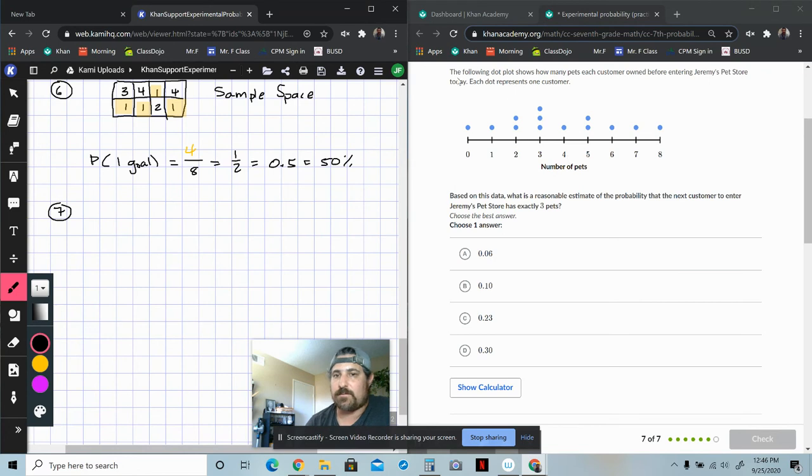The following dot plot shows how many pets each customer owned before entering Jeremy's pet store today. Each dot represents 1 customer, all right? So you basically have got the number of customers and then their number of pets that they have. And so it's a little table, right?